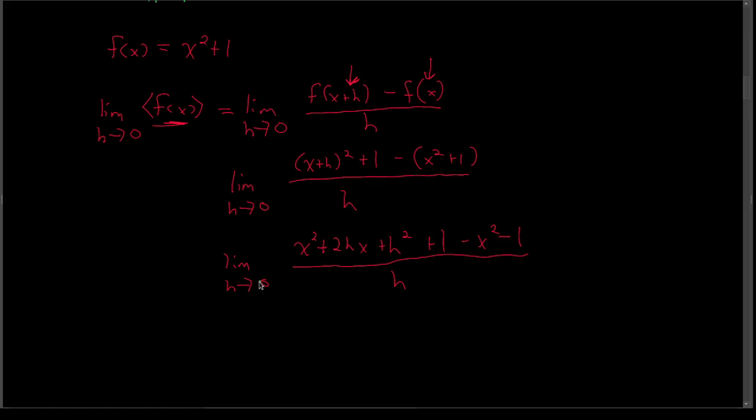Did you get something ugly like that? So if I square this, I'm going to get x squared plus 2hx plus h squared. That comes from squaring this, and plus 1 hangs out at the end.